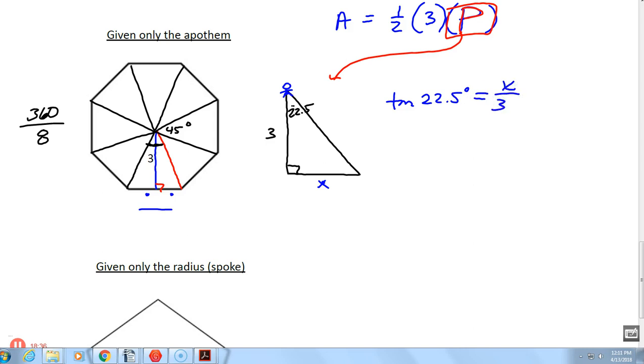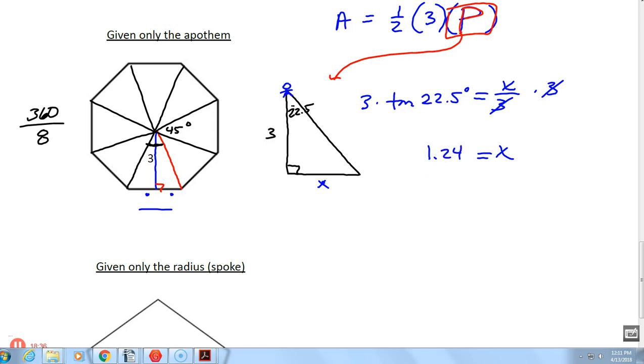Now on this problem, what am I going to do to both sides to find out what X is? When X is high, I got to multiply. So I times by 3, times by 3, and I'm going to punch this in the calculator. 3 tan 22.5 equals, I get about 1.24.